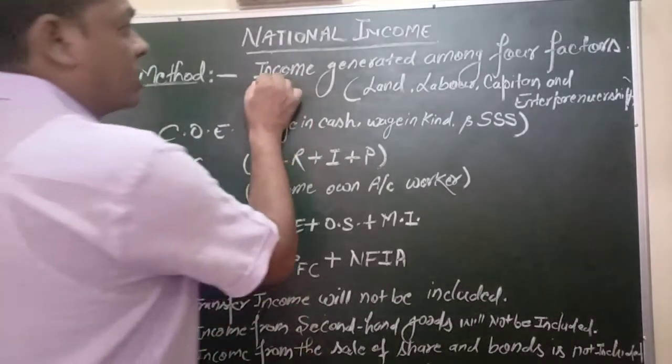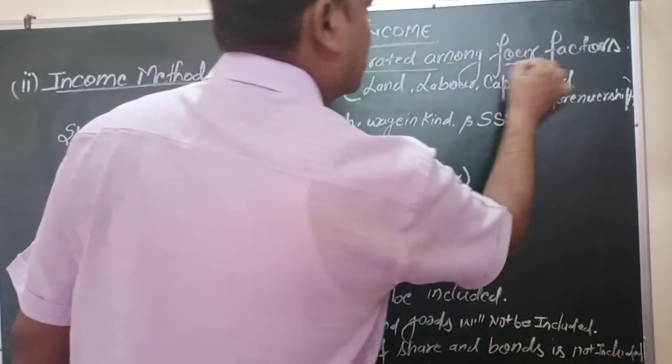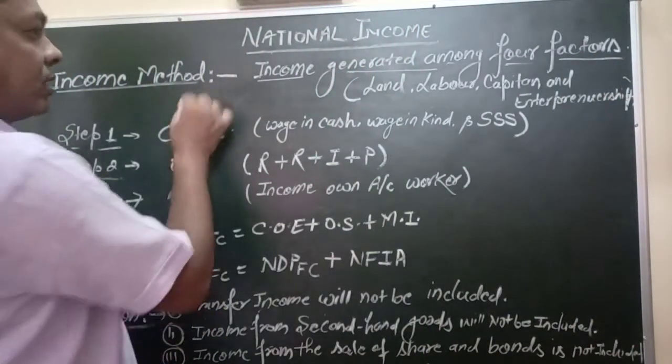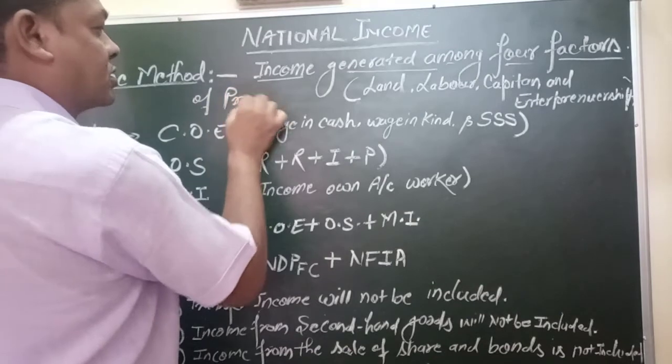Already I mentioned the income generated among the four factors of production. What are the four factors of production?